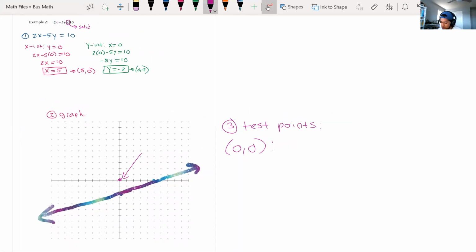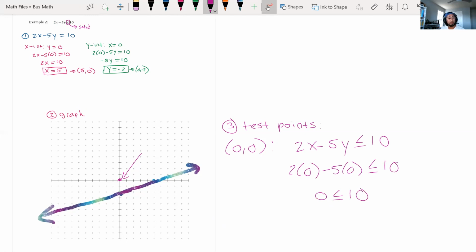Plug in 0 for both x and y. 2 times 0 minus 5 times 0, less than or equal to 10. And then you'll get 0 less than or equal to 10.